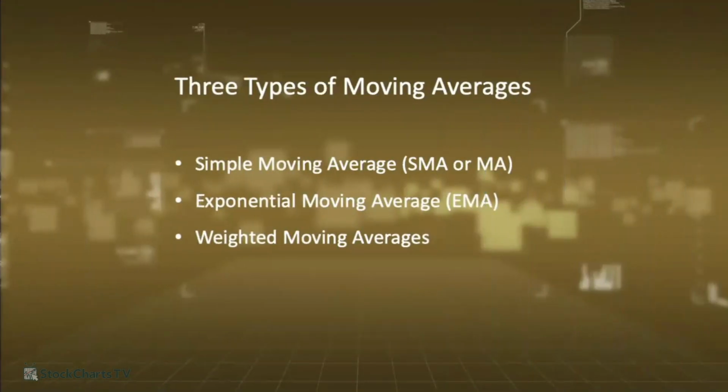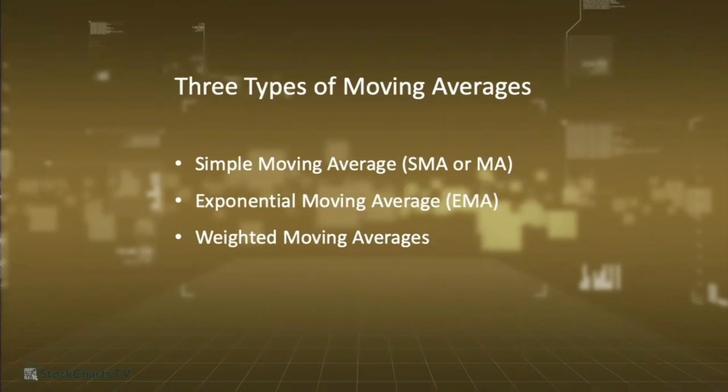All right, there are three types of moving averages. There's a lot more, but these are the three I was going to cover today. But the ones we use on our charts: simple moving averages, of course, are very popular. Those are the regular average like you learned in school. Exponential moving averages, I prefer. I'll discuss that a little bit later.